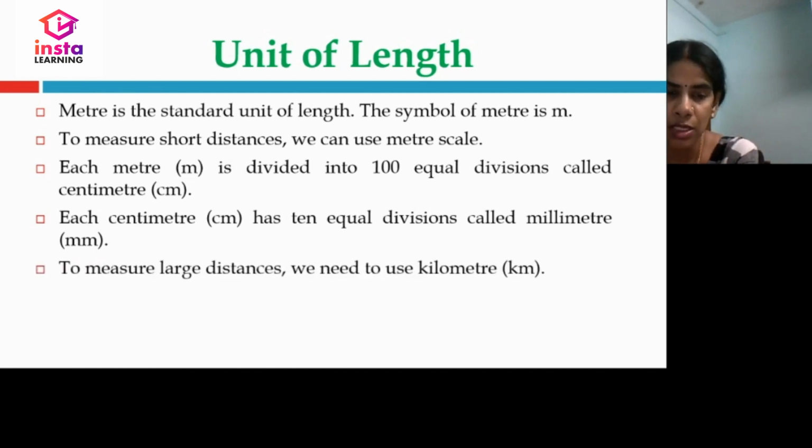To measure large distances, we use kilometers. 1 kilometer is equal to 1000 meters. So, meter is the standard unit of length. Each meter is further divided into 100 equal divisions. Further, a centimeter is divided into 10 equal millimeter divisions. And 1 kilometer is equal to 1000 meters.